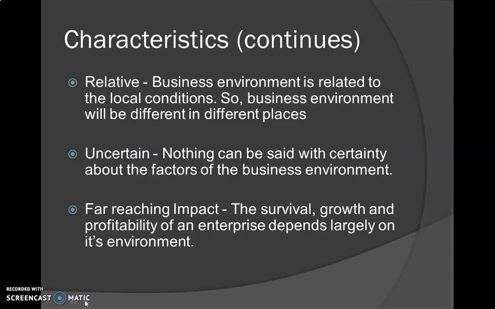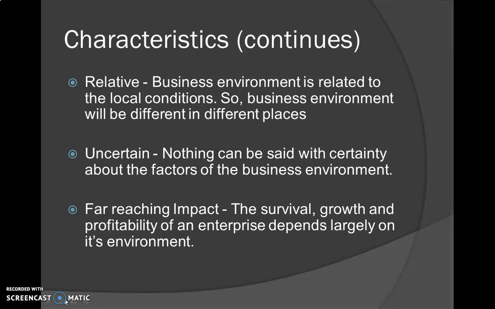Next characteristic is business environment has got far-reaching impact. That is, the factors of the environment have influence over the business. That is, it can affect the survival, growth, and profitability of an enterprise. Some of the factors can influence so deeply that they may even result in the closure of the business. That is, a particular change happens in the environment, and that can actually challenge the existence of the business.